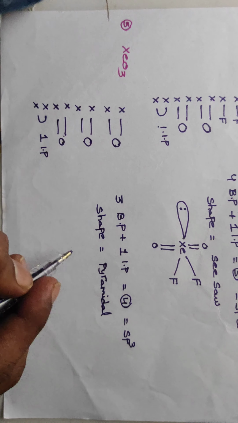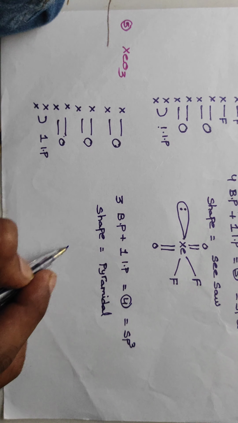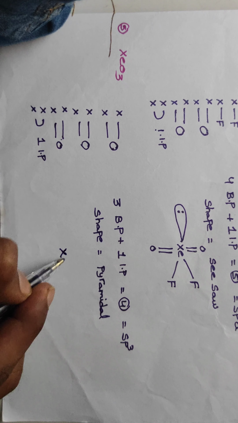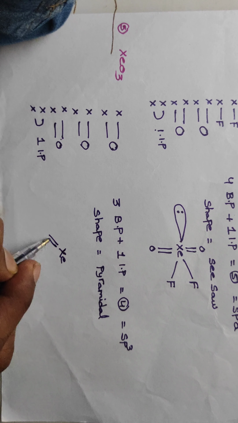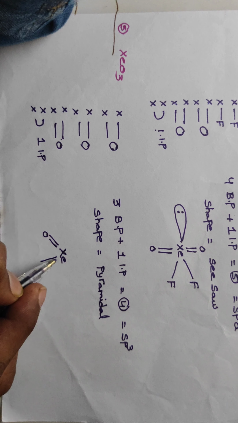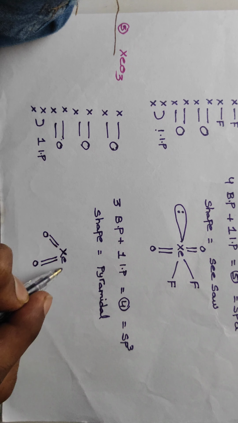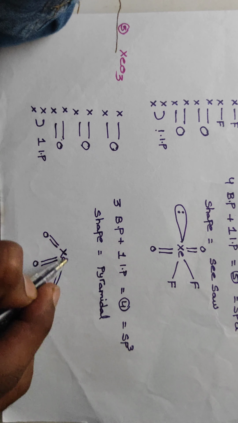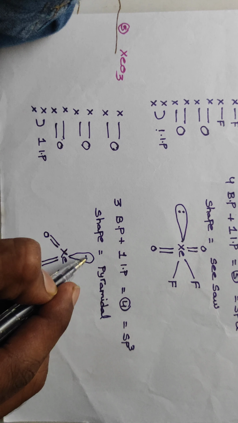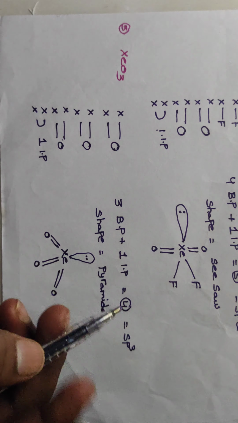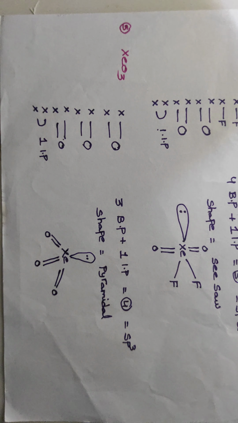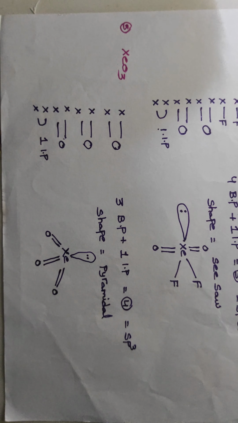So in the XeO3 molecule, xenon is a group 8 element and is bonded with 3 oxygen atoms, with 1 lone pair of electrons.